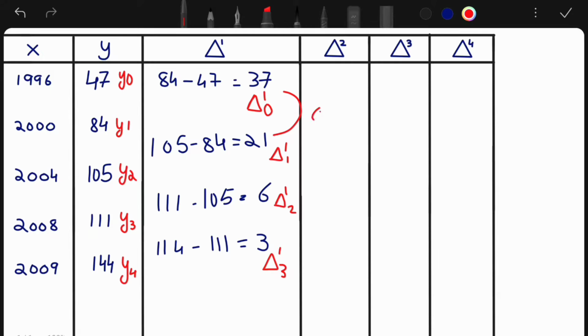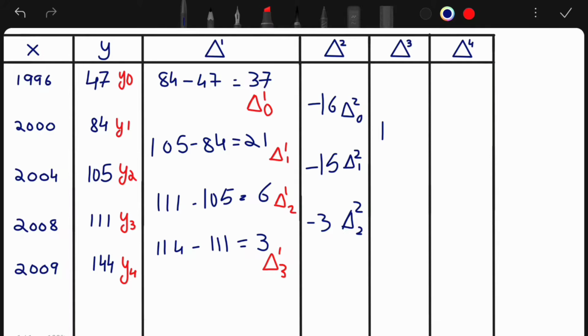Now for delta 2, we use the same formula, that is we subtract the first from the second: 21 minus 37 is minus 16, then we get minus 15, then 3 minus 6 is minus 3. So this is delta 0,2, delta 1,2, and the last one is delta 2,2.